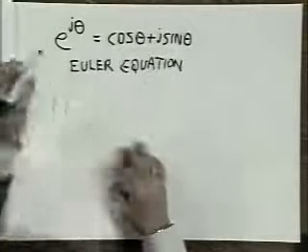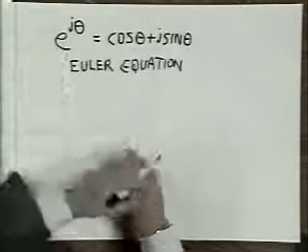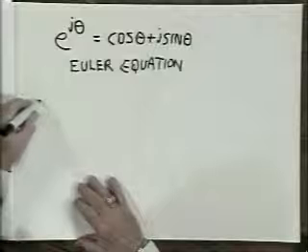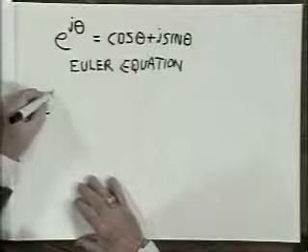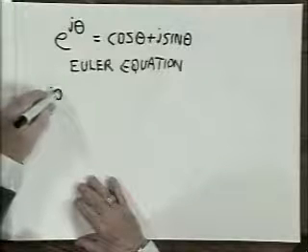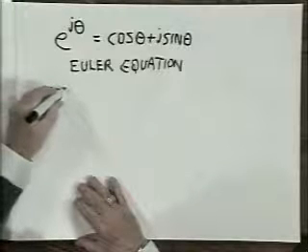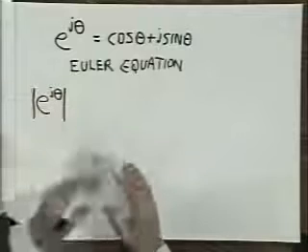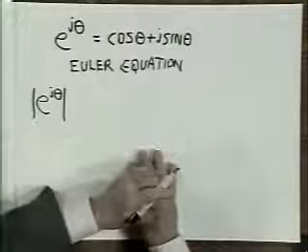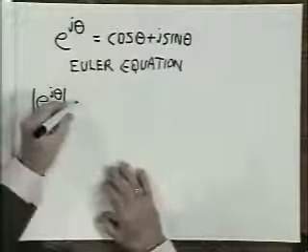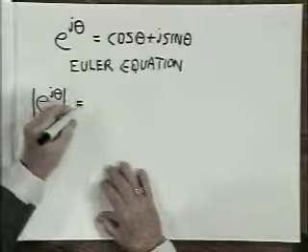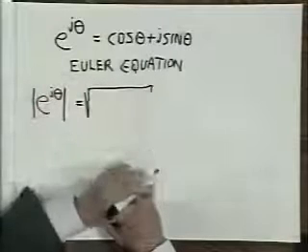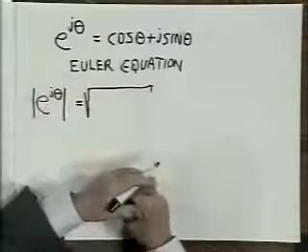Now, what are the properties of e to the j theta? Well, we may ask, what is the magnitude of e to the j theta? And we'll designate the magnitude of a complex number by a pair of square brackets in that form. The magnitude of e to the j theta is just the square root of the sum of the squares of the real and imaginary parts.